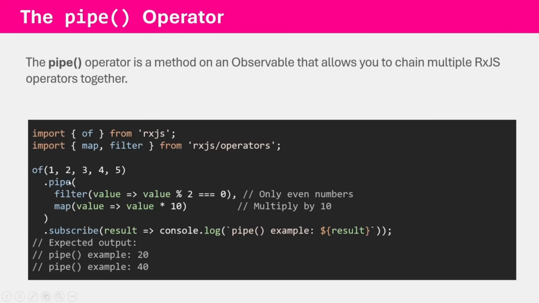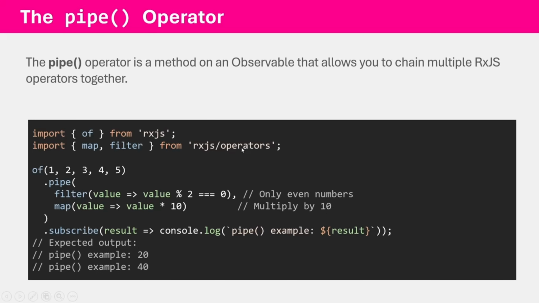So using the pipe operator, as you can see, we are chaining other operators, and these operators will be evaluated in the order in which they have been specified. So this of operator here is going to return us an observable with these values. On that observable, we are using the pipe method to chain other RxJS operators. And this is the main use of the pipe operator. We use the pipe operator to chain other RxJS operators, and they are separated by comma. So this pipe operator we are going to use a lot.